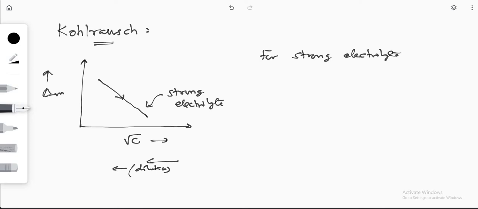When the ions move independently, they will show very high conductance. It is called limiting conductance. Once you reach limiting conductance, further dilution of the solution will make no change in the conductance of the solution. And that conductivity is called limiting molar conductivity.